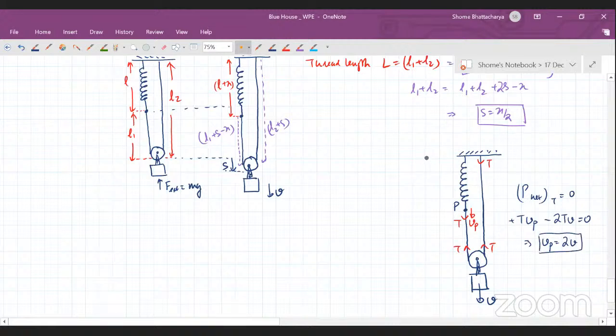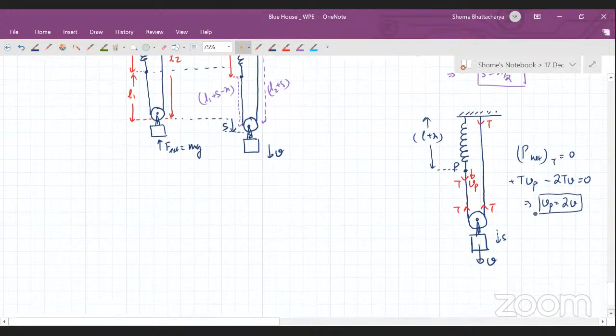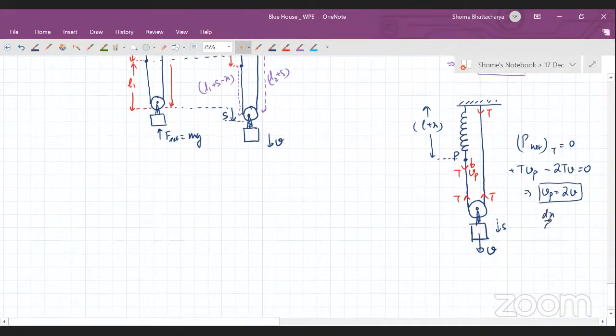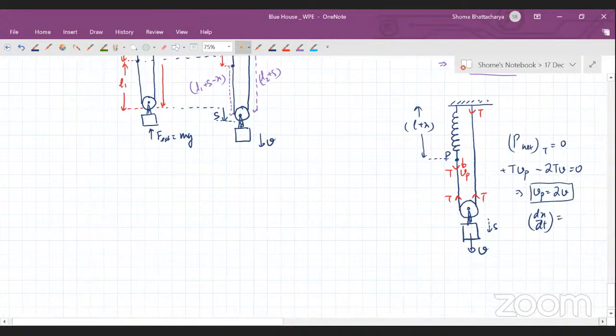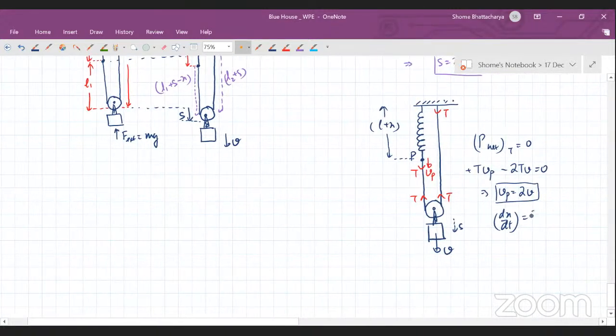Okay. Now if this is L plus x, and this one is having a displacement in the downward direction as s, Vp is dx by dt, the rate at which the extension is increasing, and that is equal to 2 times ds by dt. So dx is equal to 2 times ds.